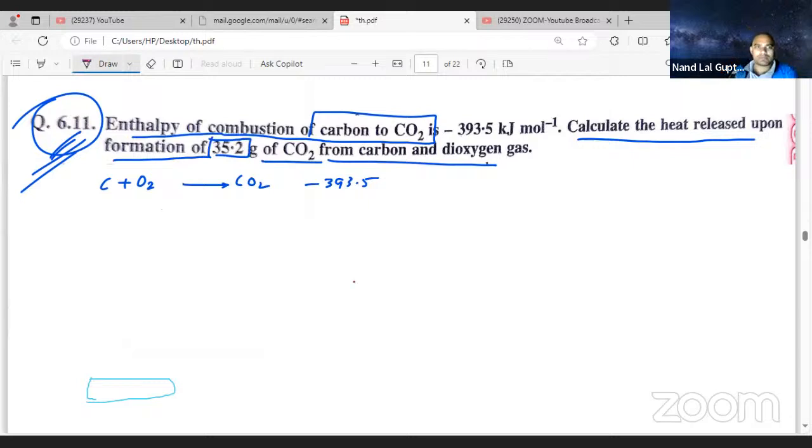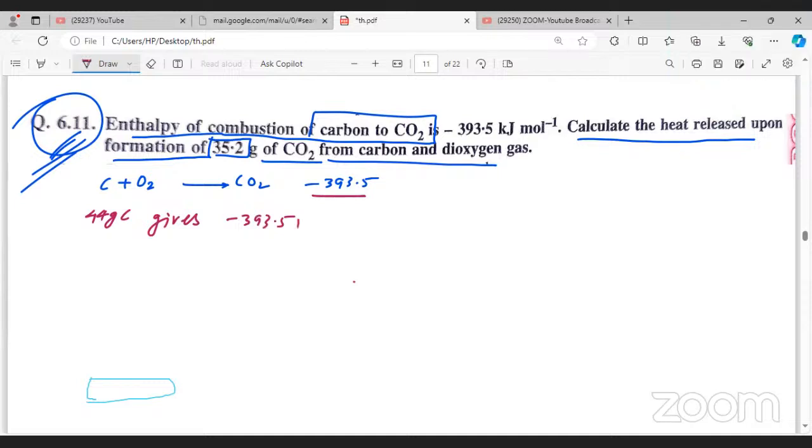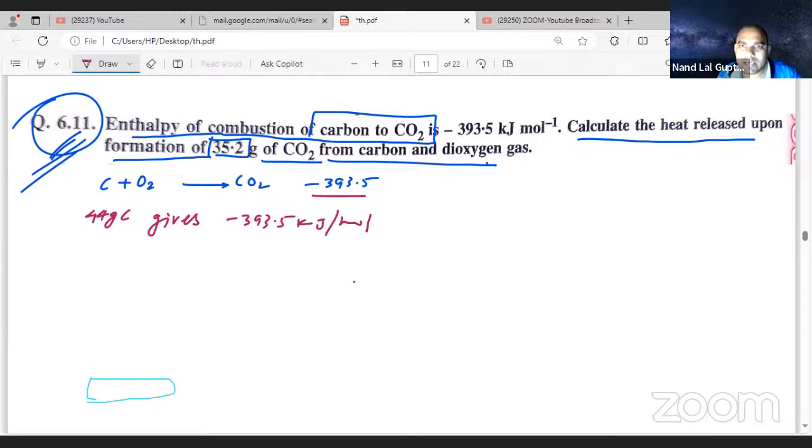See, they have given 1 mole. 1 mole means how much? 44 gram CO2 gives 393.5 kilojoule per mole. Yes or no? Yes, sir, because they have given per mole and 1 mole is 44 gram.